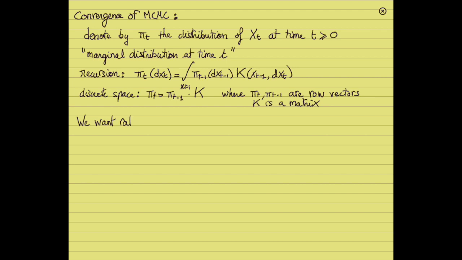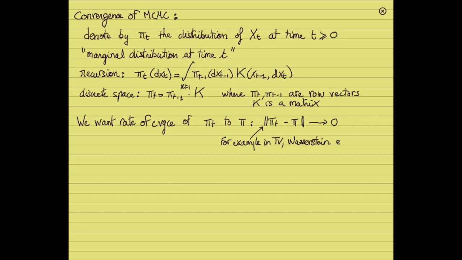So what we might want to obtain in order to understand the convergence of the algorithms is the rate of convergence of pi t to the stationary distribution pi. And in order to quantify this rate of convergence, we'll introduce a distance between pi t and pi, and that can be the total variation distance, that could be the Wasserstein distance, of course, any other distances, and so the literature sometimes employs the Kullback-Leibler, the chi-square divergence, and so on and so forth.